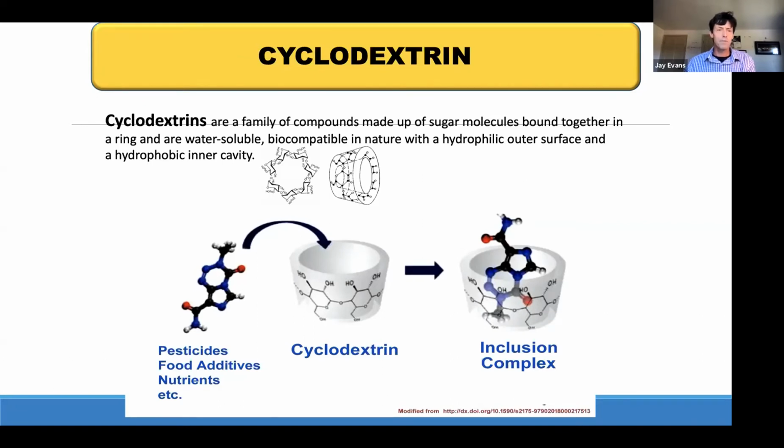One is with the group of the cyclodextrins, which are basically a sugar polymer, or a sugar entity. Interesting in that they self-form as sort of a cavity or a cup, and that cup seems to bind to xenobiotics like pesticides.